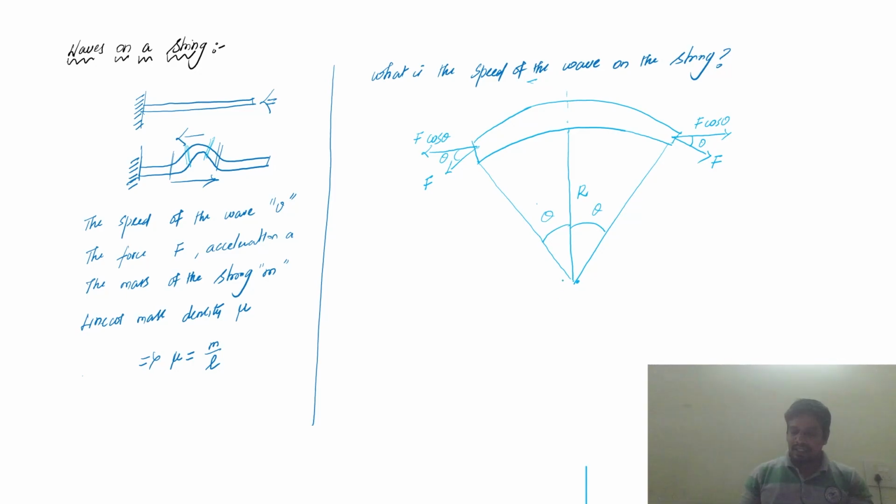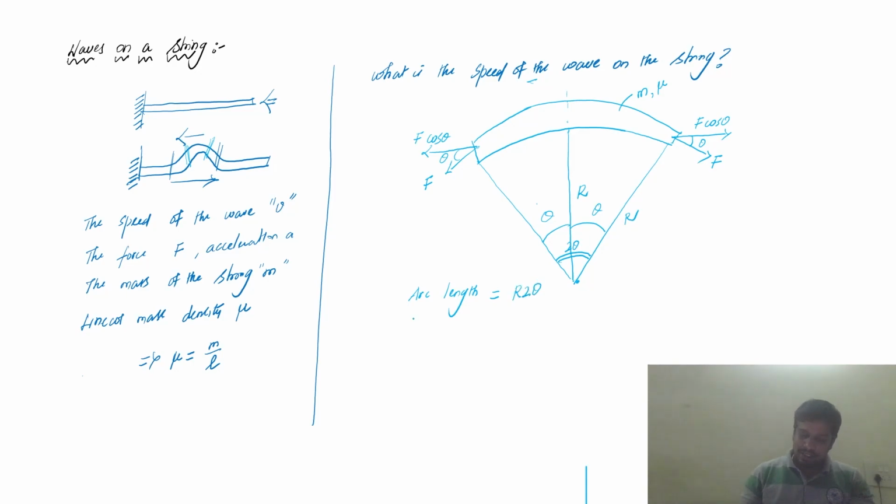Now we can calculate the linear mass density. Assume that the mass of this small portion of the string is m and the linear mass density is mu. So now we can calculate the arc length of the small portion. The arc length will be equal to the radius times the angle, so r times 2 theta.